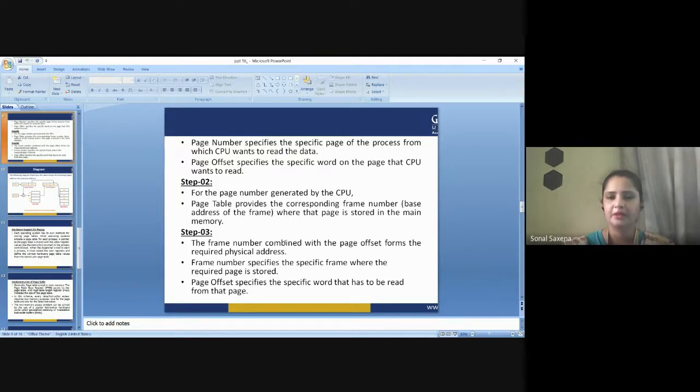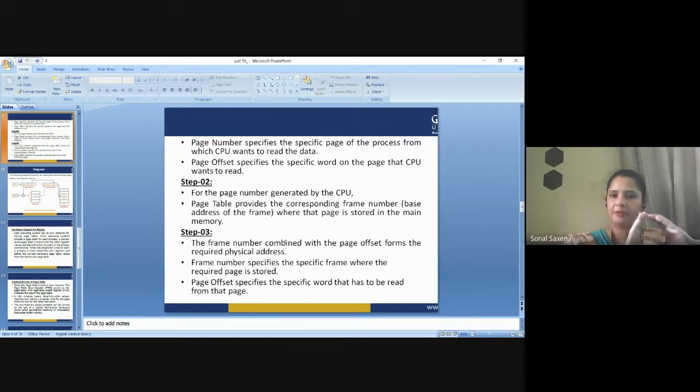Now what will happen in the third step? The frame number combined with the page offset forms the required physical address. Now understand this thing. Let's say my page number 6 is stored in frame number 3. So this 3 with the page offset, like at page number 6, I want to execute the 28th line.